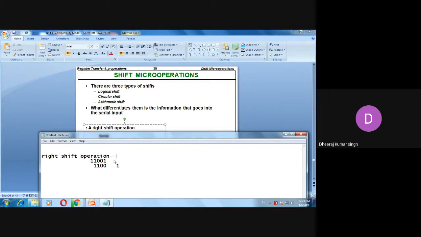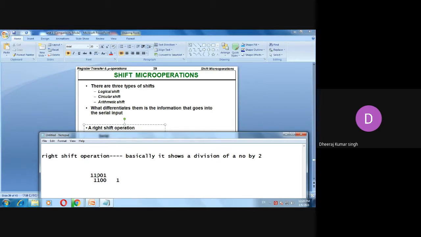Right shift operation shows a division of a number by 2. You can write it down: it shows a division of a number by 2. Whenever we talk about these values, these are 2 to the power 0, 2 to the power 1, 2 to the power 2, 2 to the power 3, 2 to the power 4.